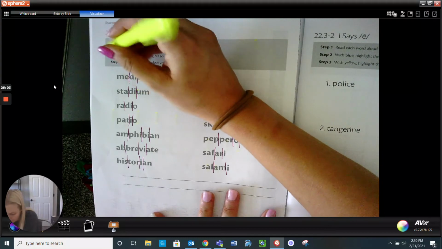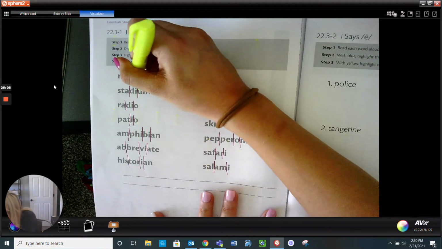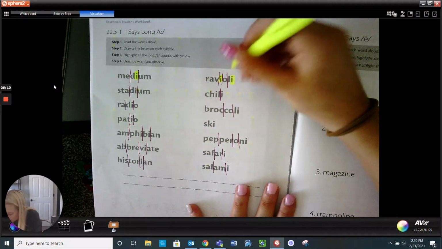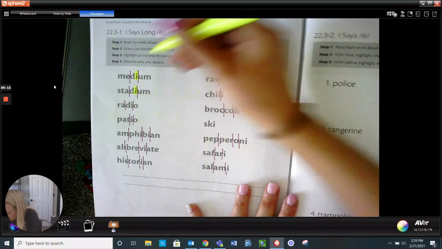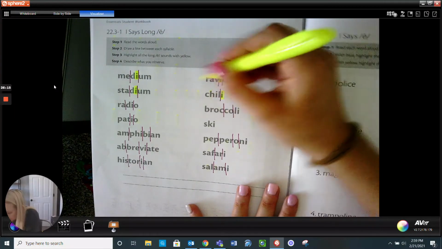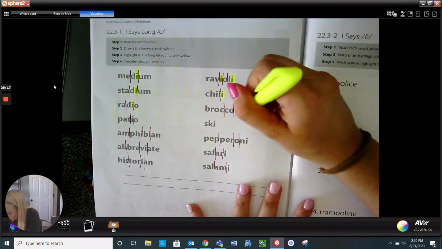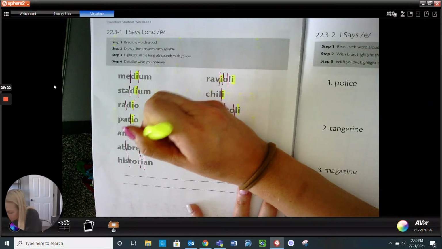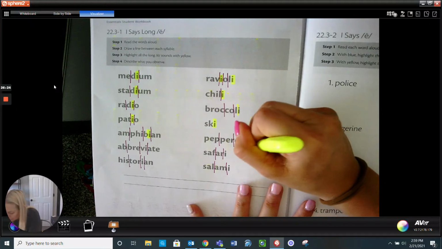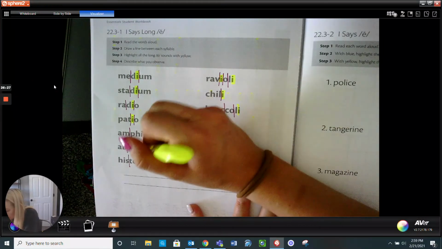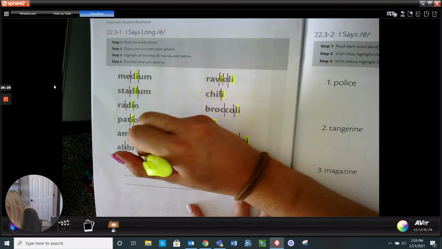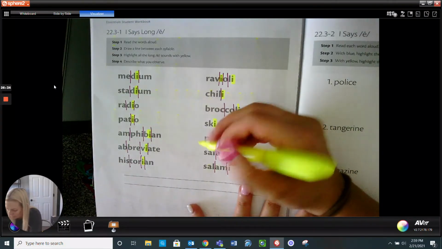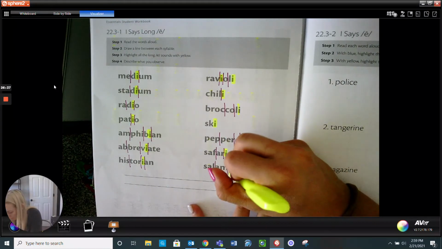Medium, ravioli, stadium, chili, radio, broccoli, ski, patio, amphibian, pepperoni, safari, abbreviate, history, and salami.